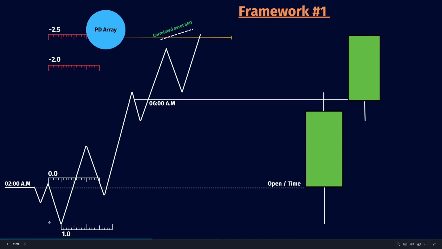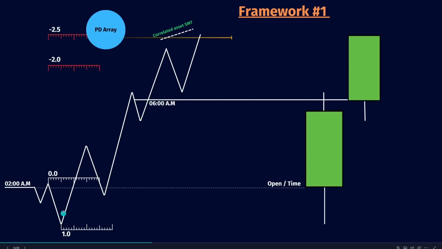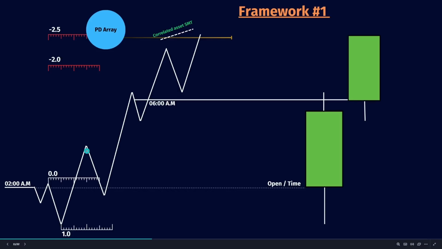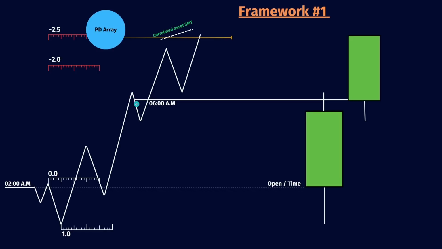Okay, in one internal dynamic, probably you don't find it in one single candle and you need two candles. If you see in this representation, it's the same as the last crude representation but in one single candle. But here it's different because this manipulation leg is in the 2 a.m. opening, okay? But when price is in development for the distribution, here, a new candle opens. But at the same time, price doesn't reach the 2 deviations or the PD array on higher time frame or the 2.5 deviations here.